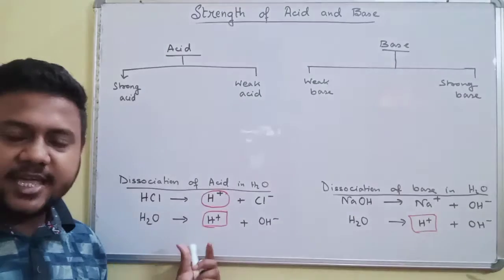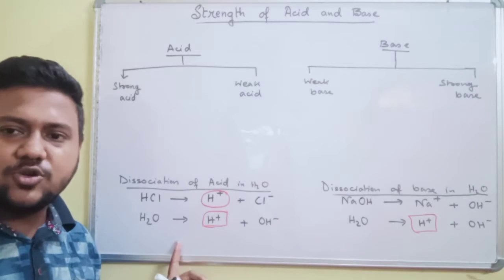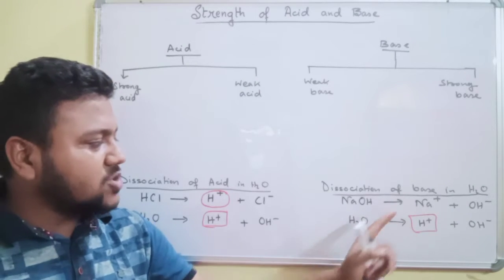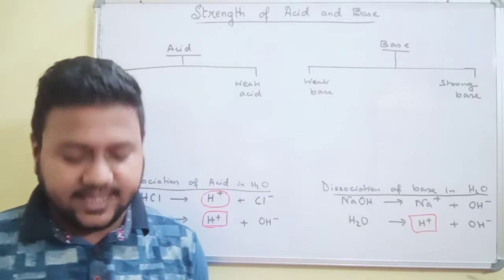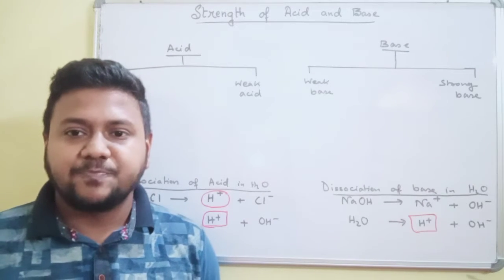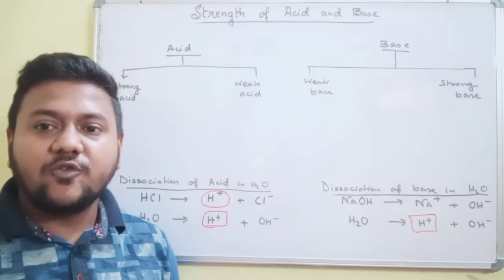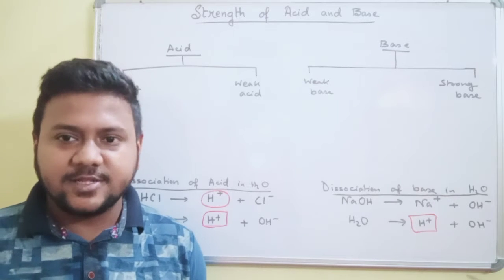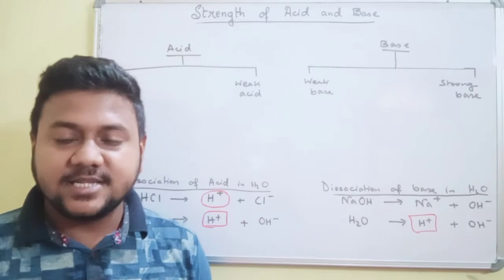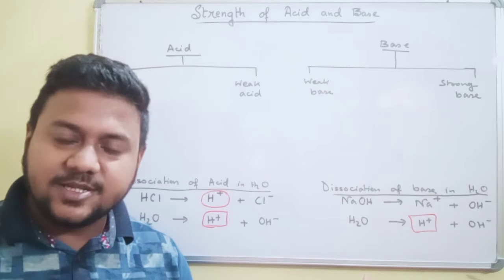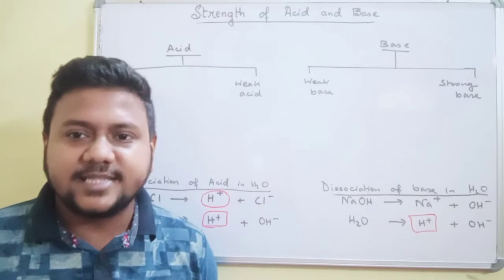The H+ ions in case of acid are produced by both the acid and the water molecule, whereas in case of base only the water molecule leads to the dissociation of H+ ions. There was a scientist who calculated the concentration of H+ ions present in different substances, whether acid or base, and depending upon the concentration of the H+ ions, he calculated a scale which is called the pH scale.